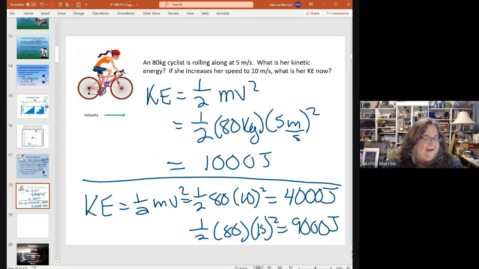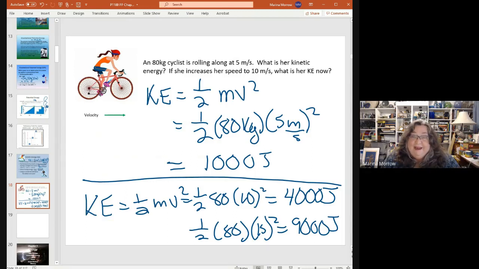This is one reason that baseball players get paid a lot for being able to throw a ball 100 miles per hour. A lot of people can throw a ball 50, 60, 70, but getting the energy to throw the ball that last 20 to 30 miles per hour, you need so much more energy, because think about it: someone who can throw at 50, someone who can throw at 100 miles per hour.